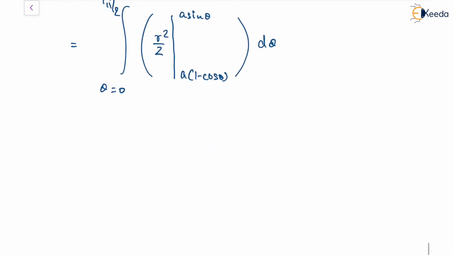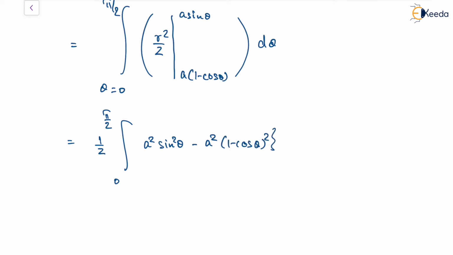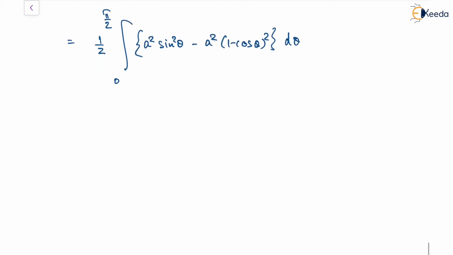So the factor 1 by 2 can be taken outside as a constant, and from 0 to pi by 2, r square becomes a square sine square theta minus a square times 1 minus cos theta whole square d theta. This a square is also a constant common to both terms, so I can take a square by 2 outside, with limits 0 to pi by 2.